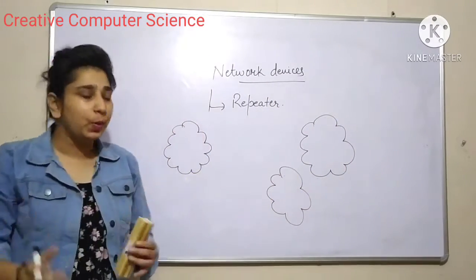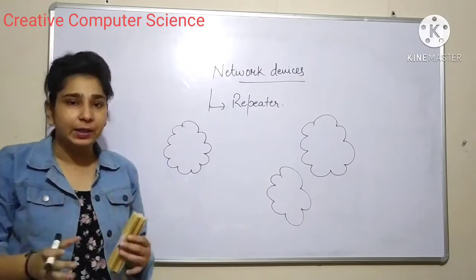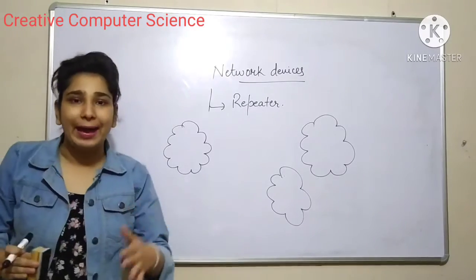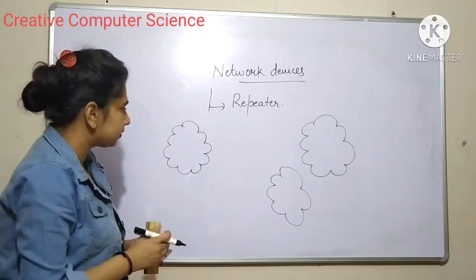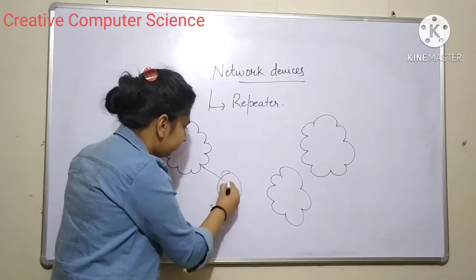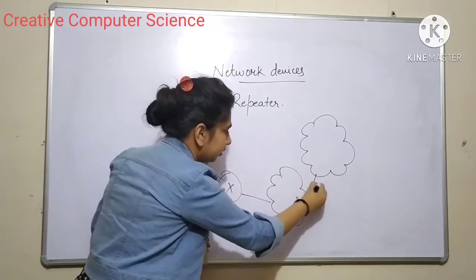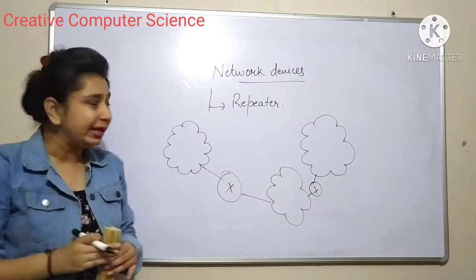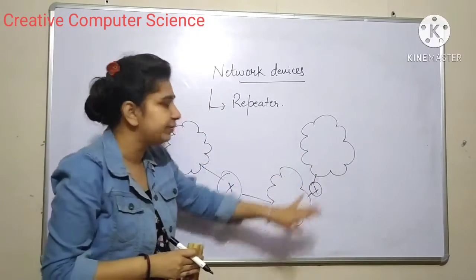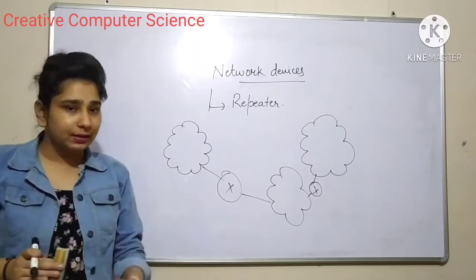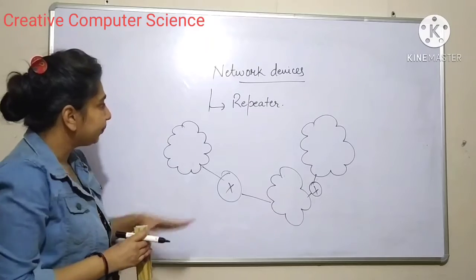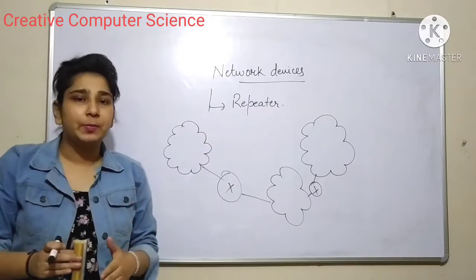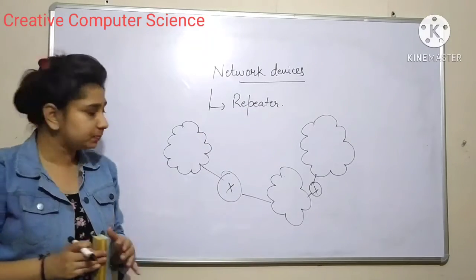We have a large number of networks in the WAN, and I am just assuming these three networks. These three networks are connected with each other through two routers. So what is the purpose of a repeater?